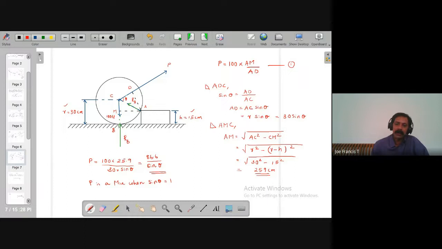What could be the maximum value for sin theta, which is 1? So P is a minimum when sin theta equals 1, or theta equals 90 degree. When theta is 90 degree, we get the minimum value for P. And P minimum is given by 86.6 Newton.